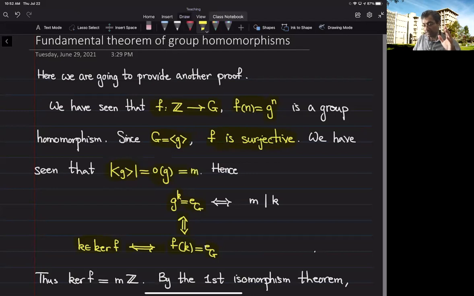And that means an integer power of this element is the neutral element precisely when the order of the element divides k, m divides k. Altogether, we deduce that k is in the kernel precisely when it's a multiple of m.